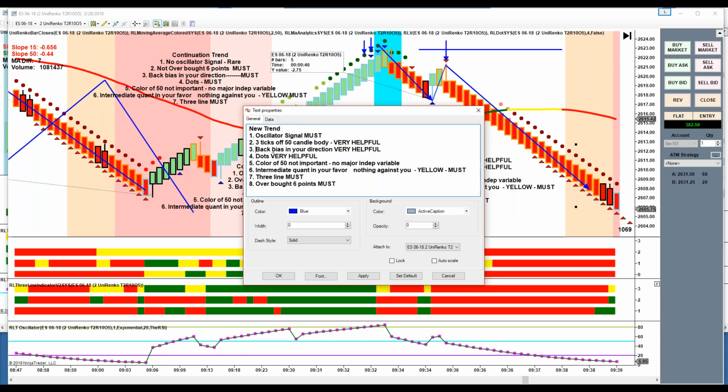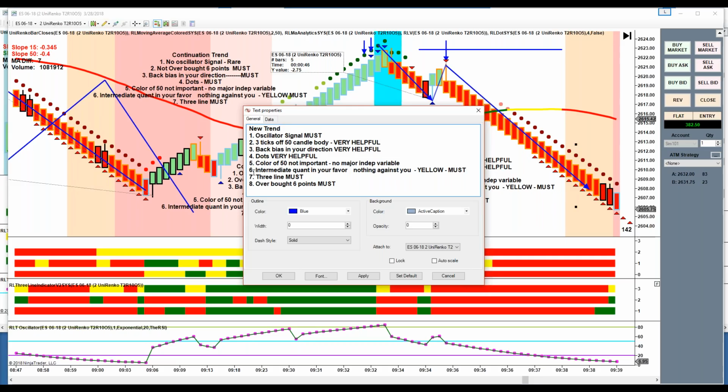Background bias is very helpful, but not absolute. The dots, and I'm going to explain what those are, are very helpful. It's a very simple setup. The color of the 50, which I first thought was important, is not important. It's not a major independent variable.